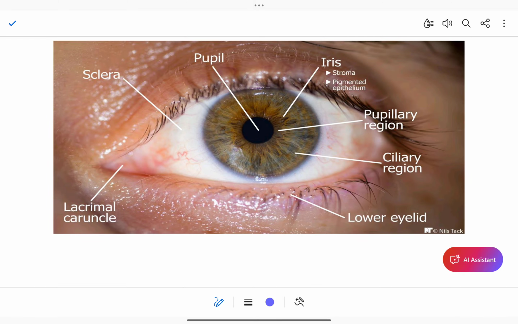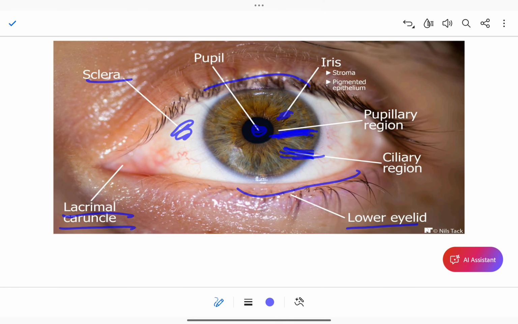What is the function of ciliary muscle? This is the ciliary area, ciliary region, ciliary pupillary region. This is iris, pupil, sclera, lacrimal caruncle, lower eyelid, and upper eyelid.